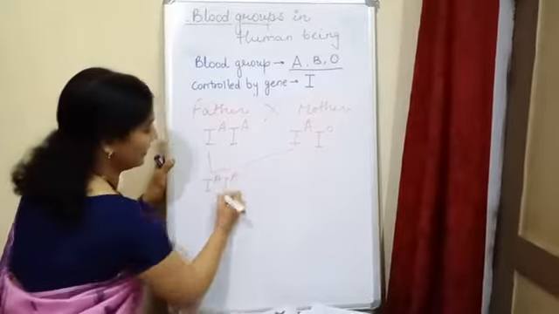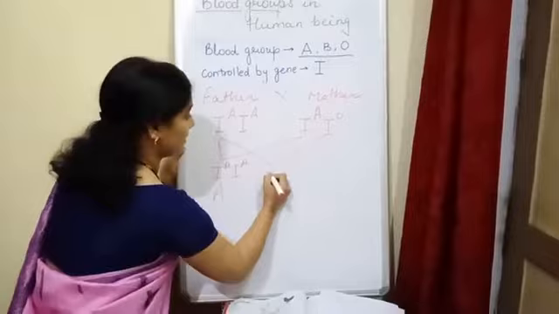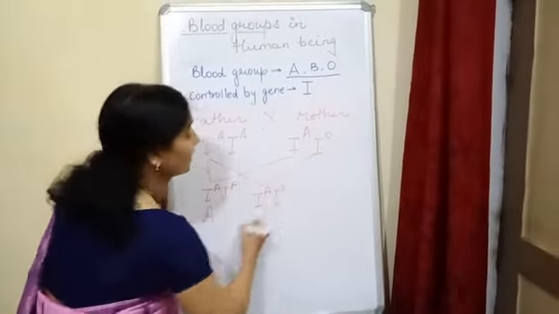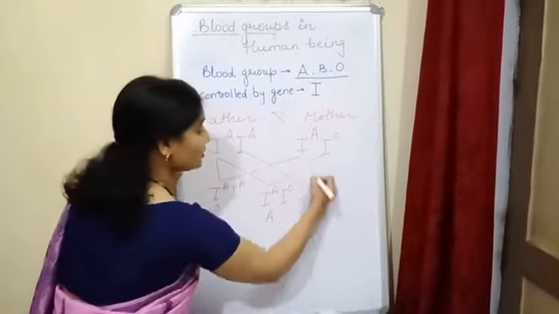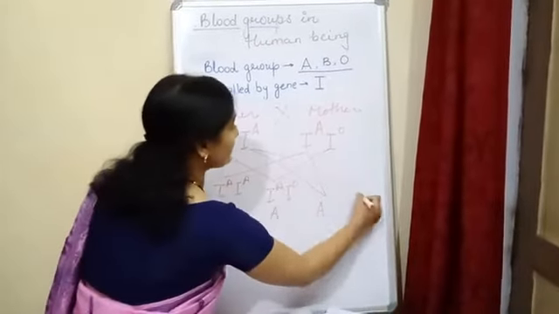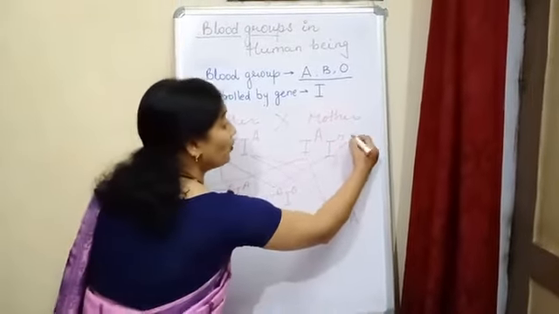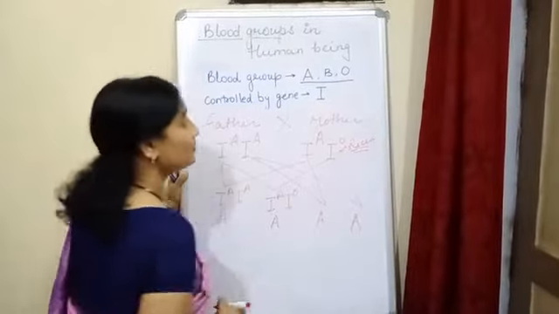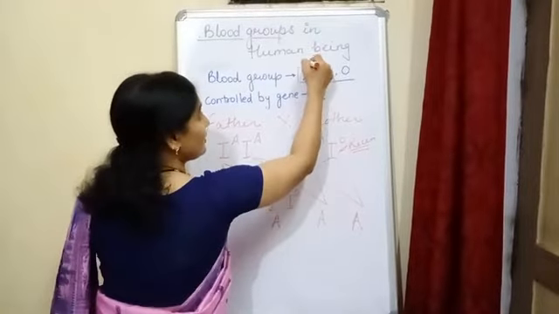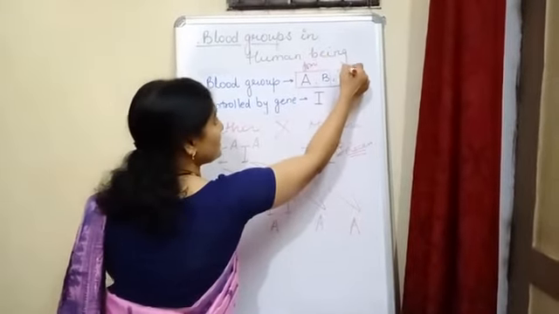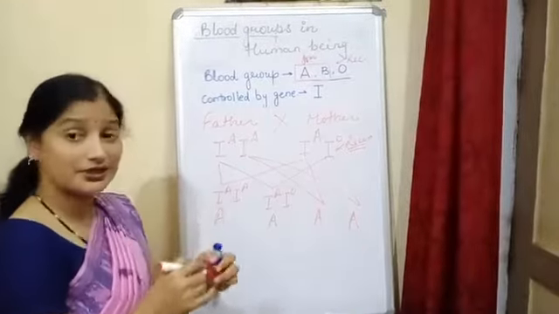IA IA, so blood group will be A. In this condition, IA and IO, blood group will be A. In this condition also, blood group will be A, and in this situation, blood group will be A because O is recessive. Out of these three alleles, this is dominant and this is recessive. Wherever O is present, it will not represent itself.